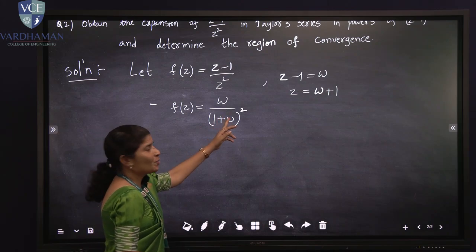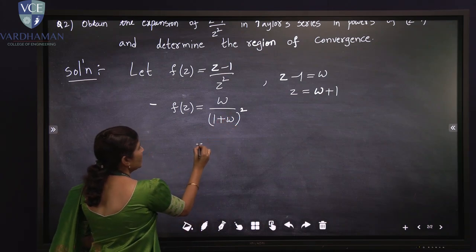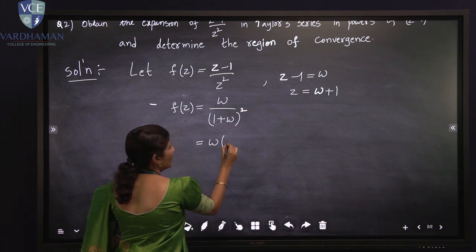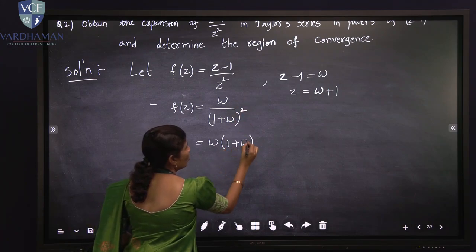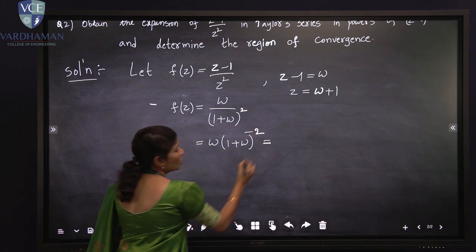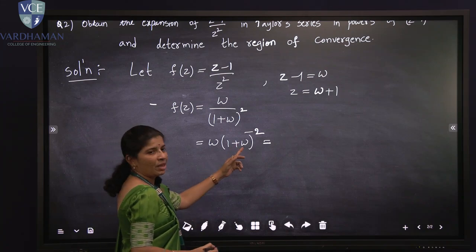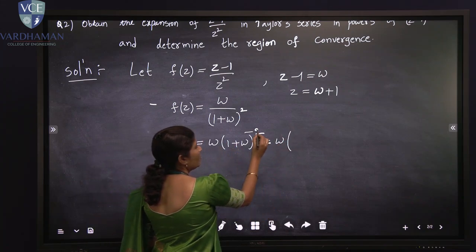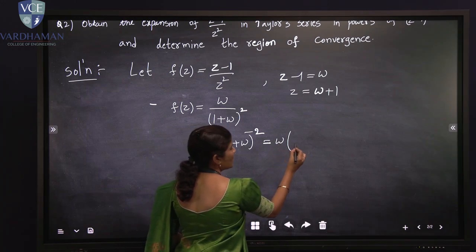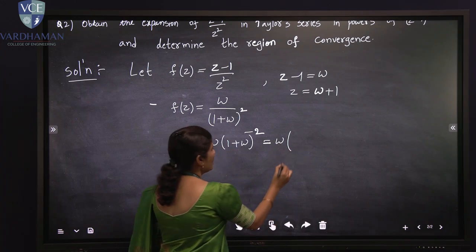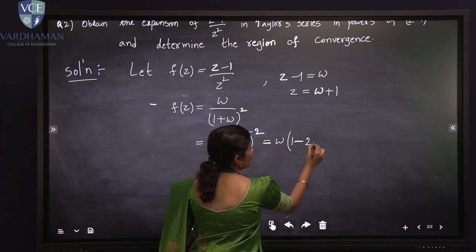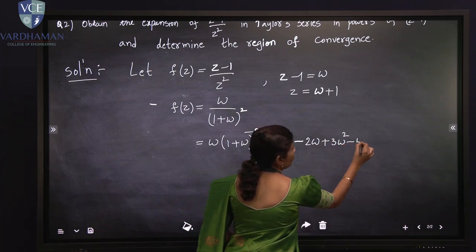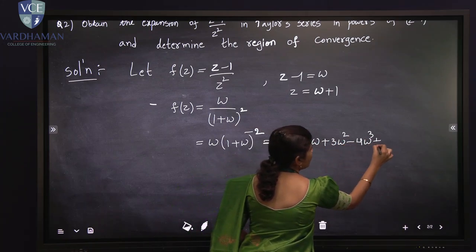Now we know the expansion of 1 plus w. Here I will write w, and this I will take into the numerator: 1 plus w whole power of minus 2. Now I will expand this using the binomial expansion formula, 1 plus w whole power of minus 2, that is 1 minus 2w plus 3w square minus 4w cube plus so on.